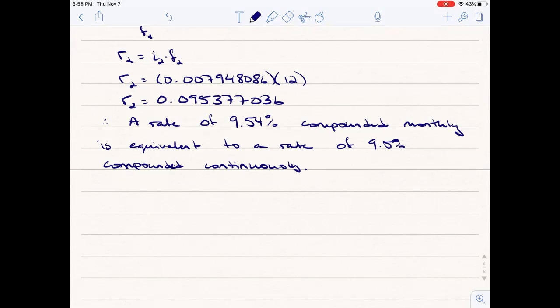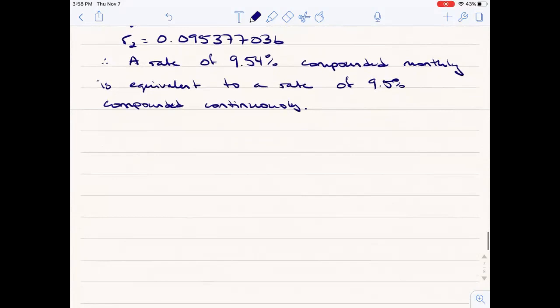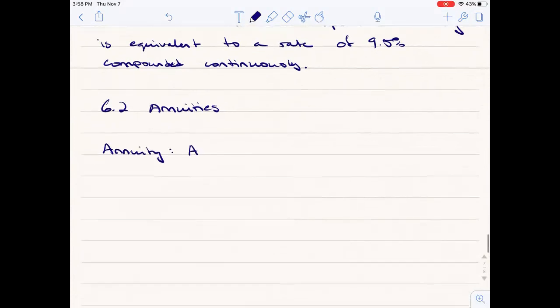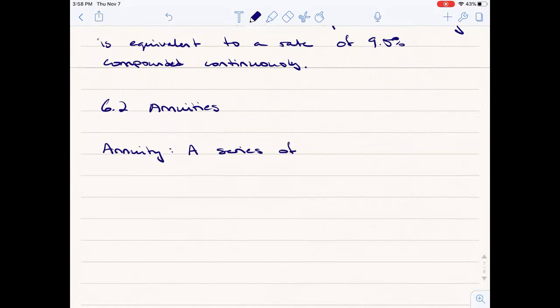All right, I think we're ready for annuities. I already said what they were, but still. 6.2 annuities. So an annuity is a series of equal payments at regular intervals. You did that a lot, right?